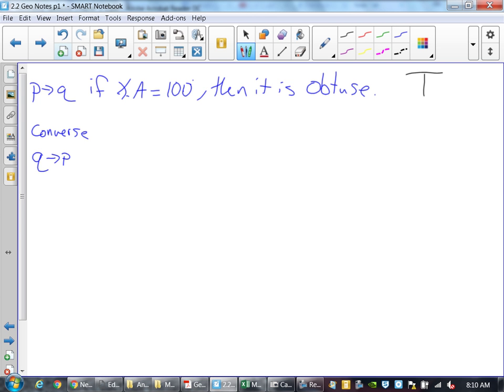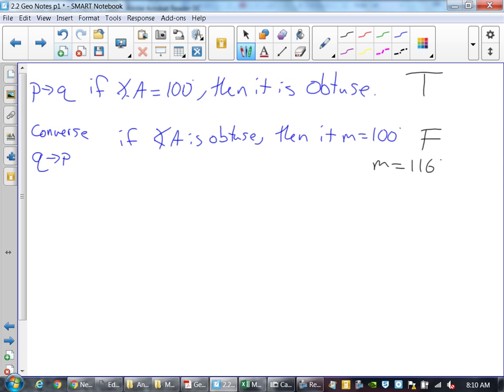If angle A is obtuse, then it measures 100 degrees. False. Counterexample: we can have 116. Very good. It is false. The measure could equal 116 also.